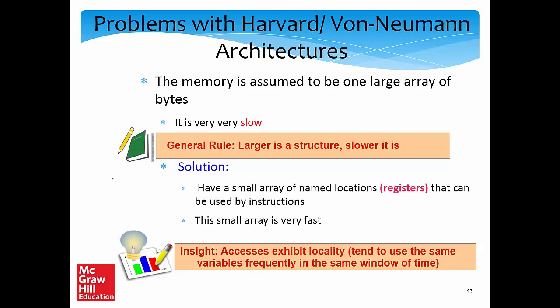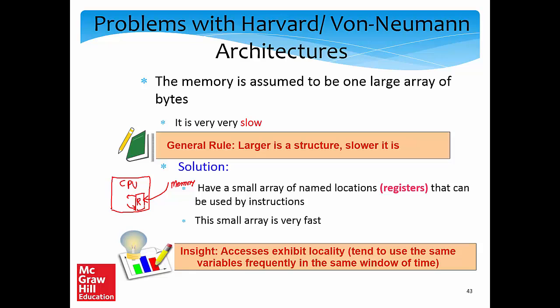So our model of computing would be like this: if we have the CPU, there will be a small array of registers inside it. Most of the data will be coming from the array of registers, mainly because we tend to use the same data again and again over the same window in time. Whenever data is not there in registers, we can read it from memory, put it in registers, and work on it from registers, because registers are very fast.